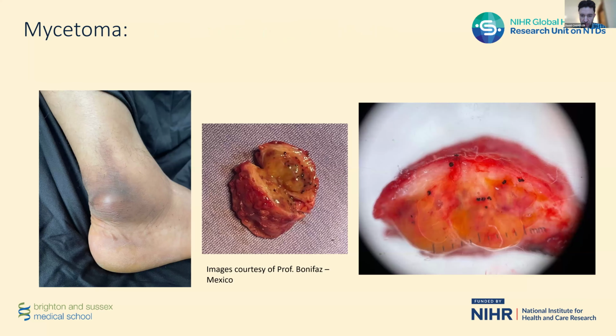The infection is characterized by grains in tissue, and there are many fungal organisms and bacteria which can cause this. There's an example here of an encapsulated mycetoma on the ankle, and in the tissue you can see the dark grains of Madurella mycetomatis.